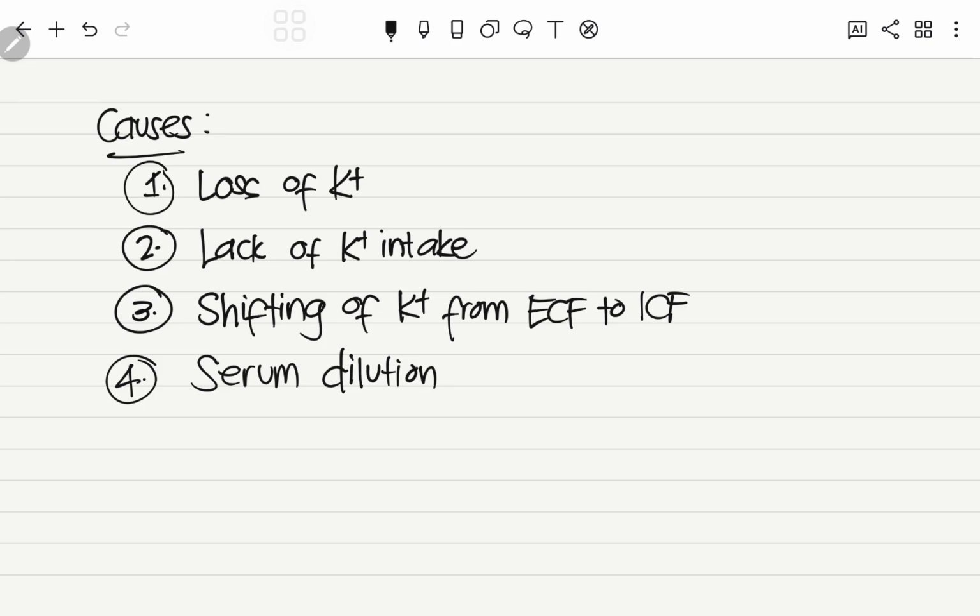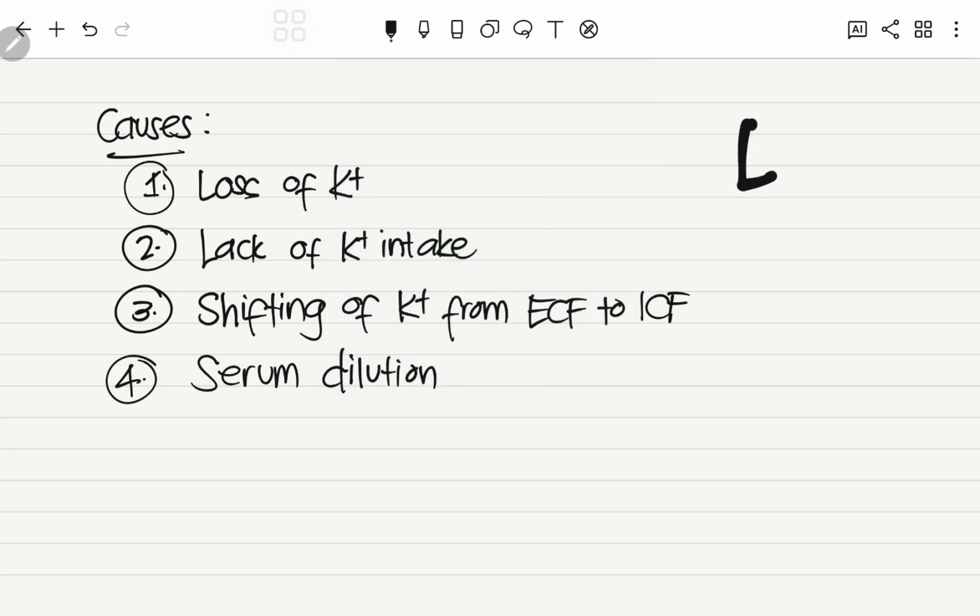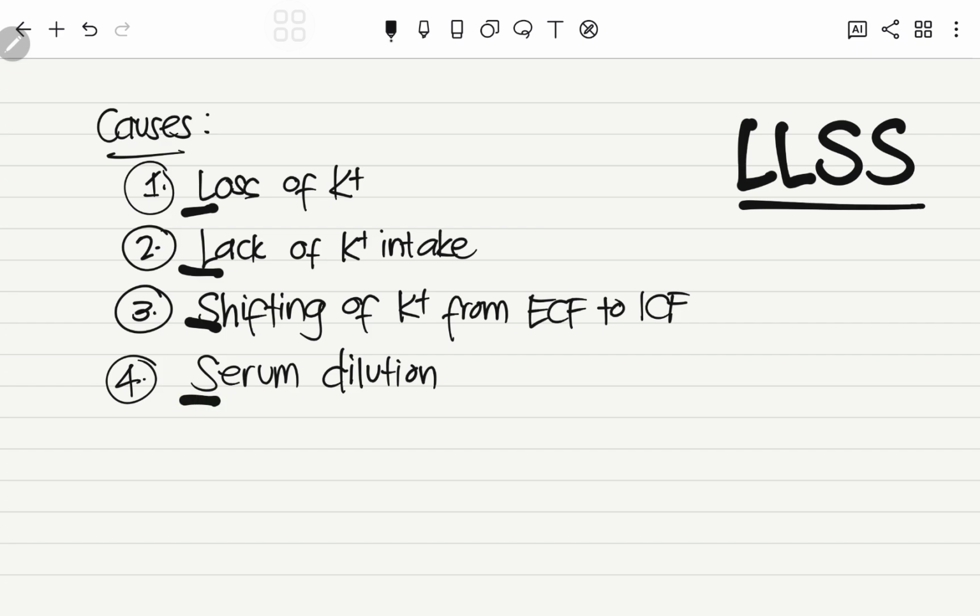So ito po yung ating generic na mga causes, and whenever you are entangled, so just remember this, okay? 4 words, LLSS, so loss of your potassium, lack of potassium intake, the shift of your potassium from ECF to ICF, and of course, serum dilution.